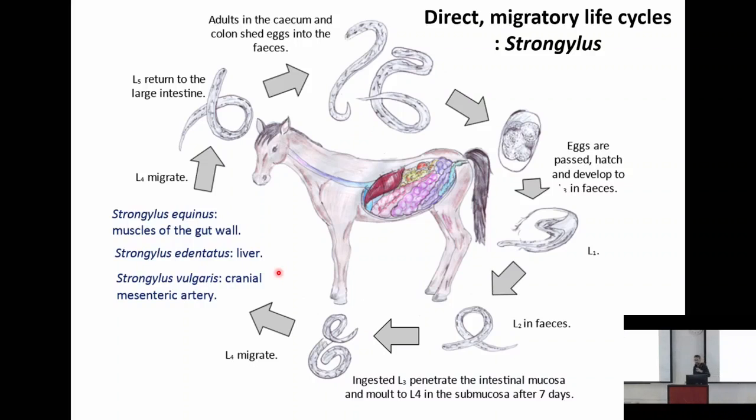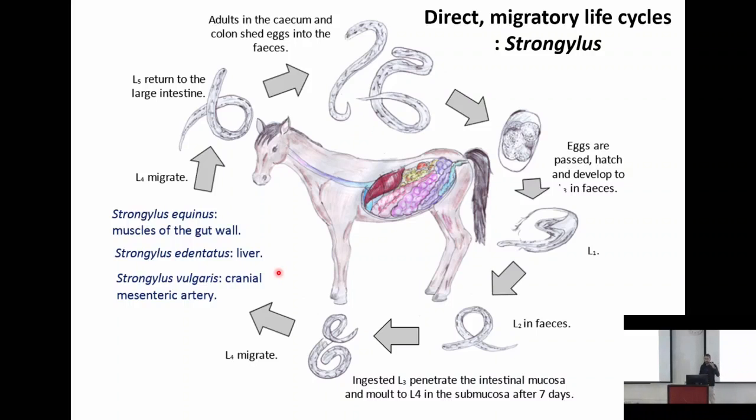In the case of Strongylus edentatus, where does the L4 stage larvae go? Liver, portal vein, liver, abdominal wall, and then L5 stage larvae come back into the intestine, where they cause severe intestinal lesions.